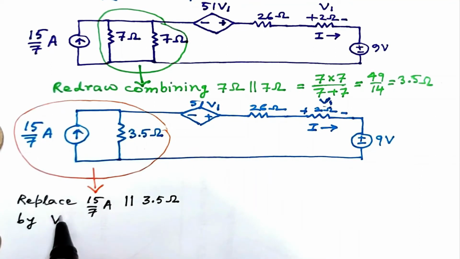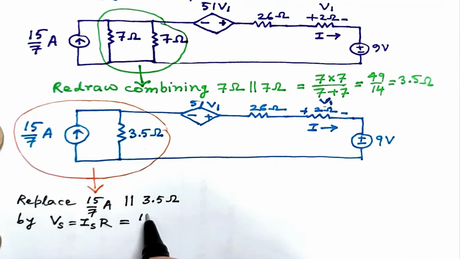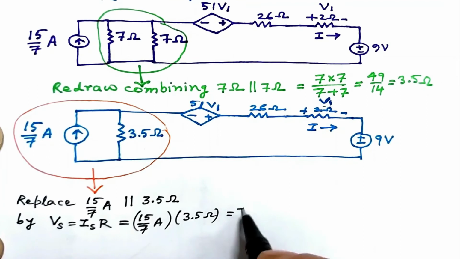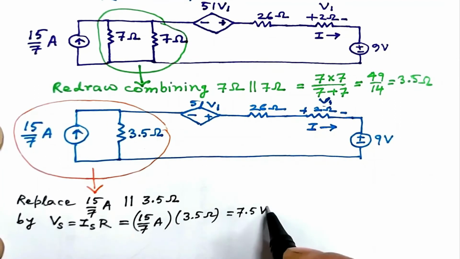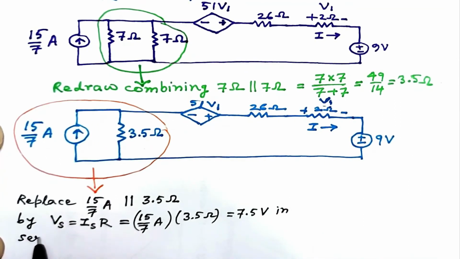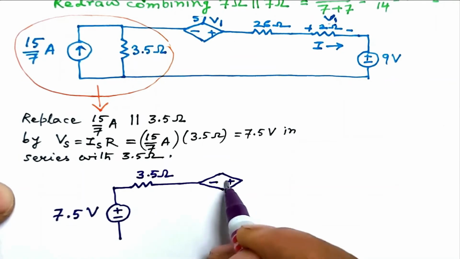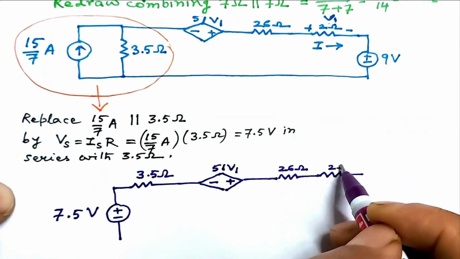a voltage source Vs equal to Is into R. Here Is is 15 by 7 ampere and R is 3.5 ohm. This gives 7.5 volts, and for equivalence it has to be in series with 3.5 ohm resistor. The simplified circuit we end up with is here.